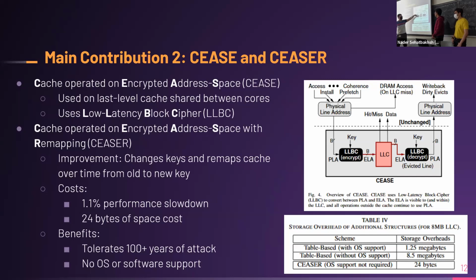But going back to my original statement, there's a follow-up paper to this that shows that finding these evictions is not as difficult as we were thinking, because the attacker can start scanning through the whole cache, and that's not too difficult to do. They can fill the whole cache, and this way they can get the evictions that they want.